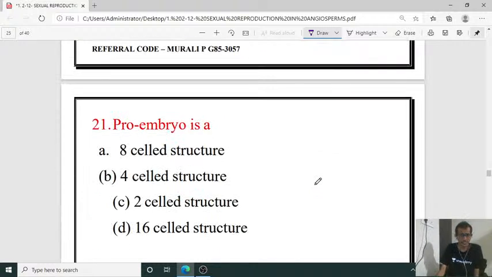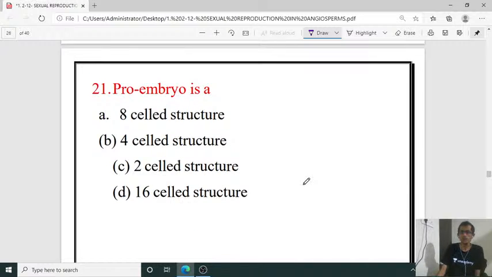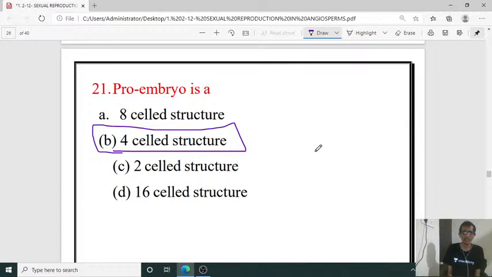Next, 21st question. What is pro-embryo? It is the initial level of embryo. It is a 4-celled structure: after the first mitotic division, 2 cells, and after the second mitotic division, 4 cells are observed. So the pro-embryo is a 4-celled structure from the angiosperm point of view.